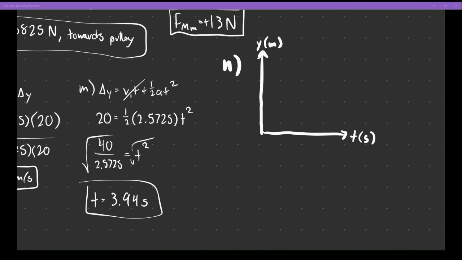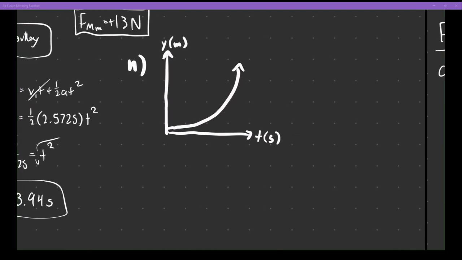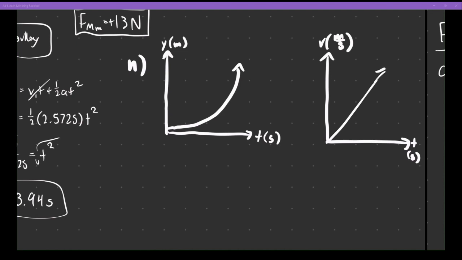And so, position versus time looks a little something like this. That's it. The next graph is going to be the velocity versus time graph. So this is t in seconds. This is v in meters per second. And so the velocity graph is like this, a straight line.